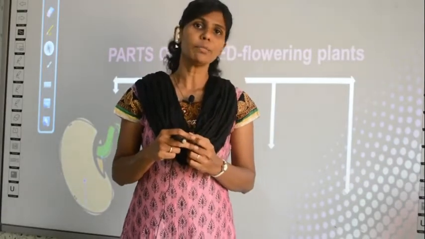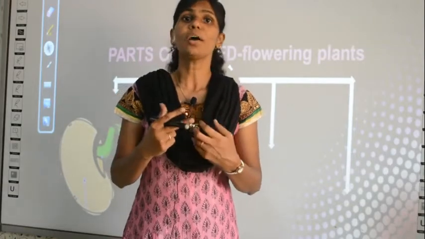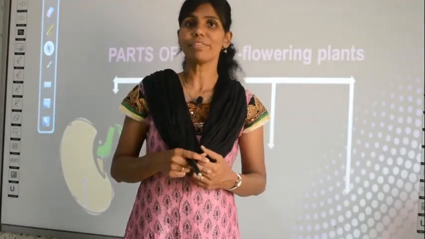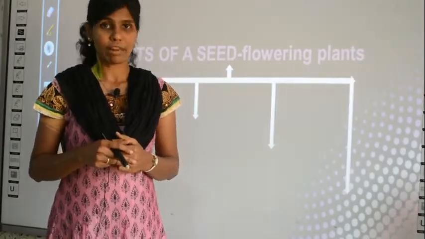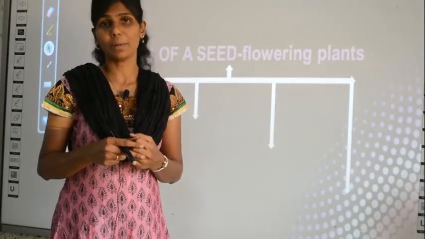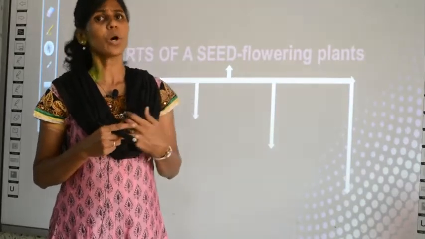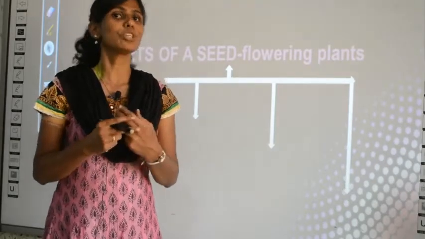In plant kingdom you have 2 types of plants called flowering plants and non-flowering plants, right? Whatever plants can produce flowers are called flowering plants, and which cannot produce flowers are called non-flowering plants. Flowering plants are also called angiosperms, and non-flowering plants are called gymnosperms.